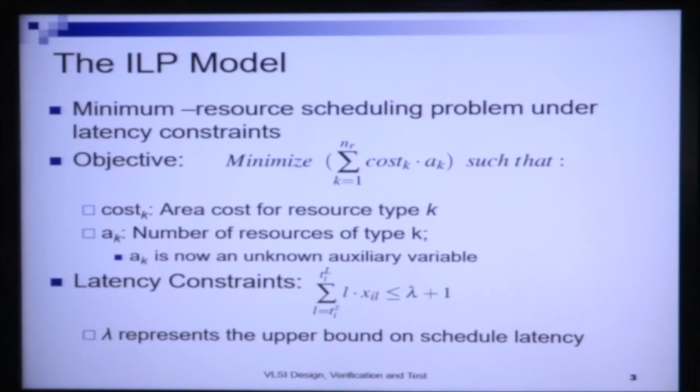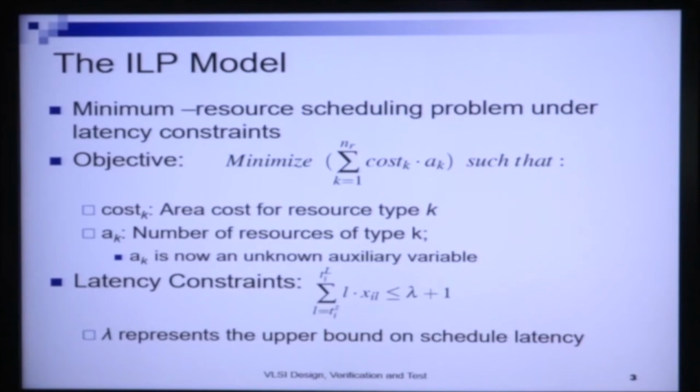I am saying that the sink node should be scheduled at most within lambda plus 1. The sink node is a dummy node. All the actual operations that I have must be scheduled within lambda, and the start time of the sink node should be less than or equal to lambda plus 1.